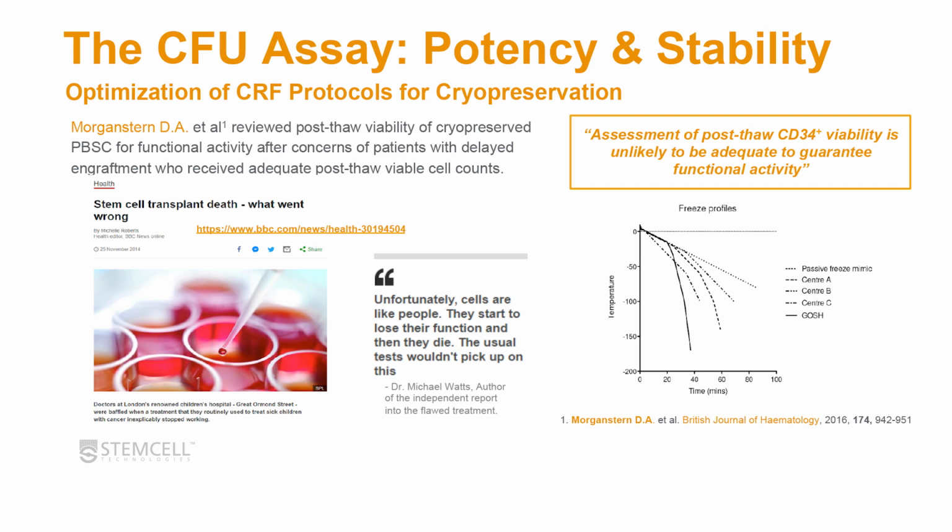And he recognized, and you can see that in the diagram here, based on freezer profiles, that if he took cells and froze them at different centers and by passive freezing methods, compared to the freezer program they were using at the Gosh Hospital, where these patient cells had been collected and stored, there was definitely a difference in the freezer program profiles.